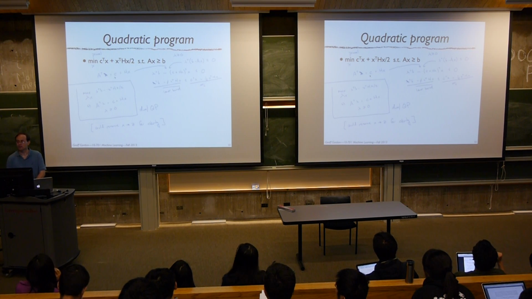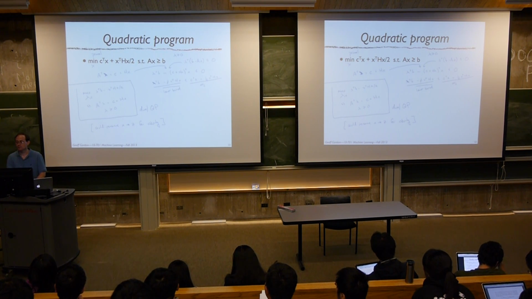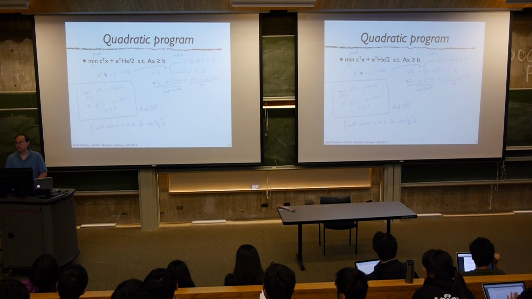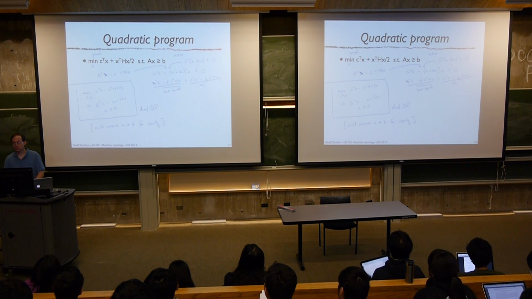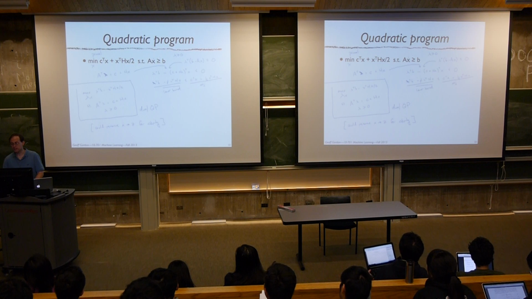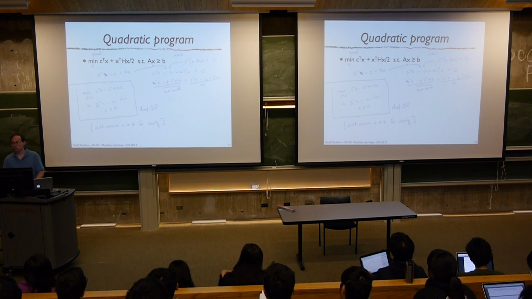From our previous slide, that is equal to the minimum of the quadratic program with respect to the constraint AX. Because we made this assumption, this is going to turn into a constraint of the dual. There's a constraint in the primal as well, ax greater than or equal to b. And since the dual and primal are related, the matrix A appears in both of those constraints. But this guy is a primal constraint, and this guy is going to wind up being a dual constraint.